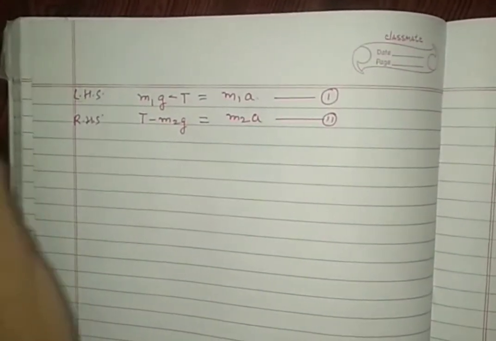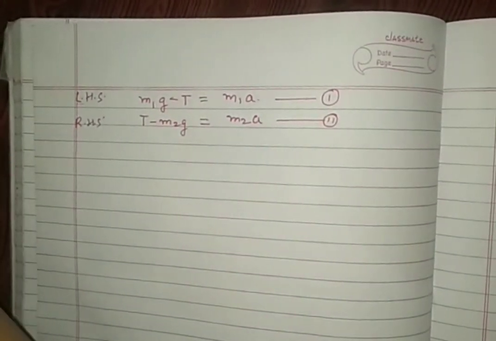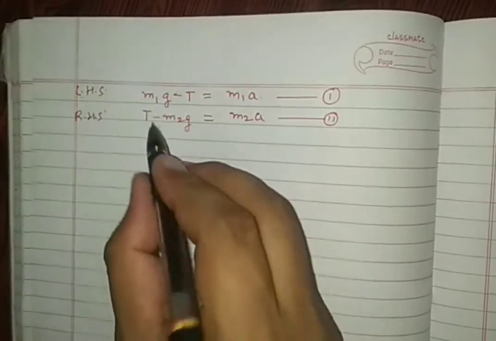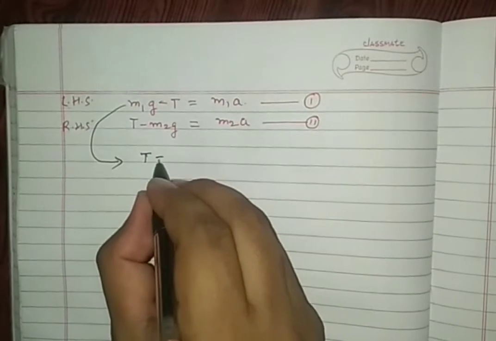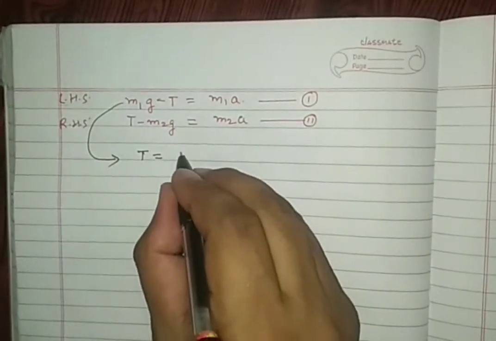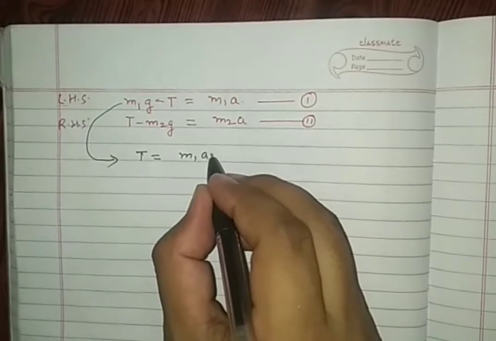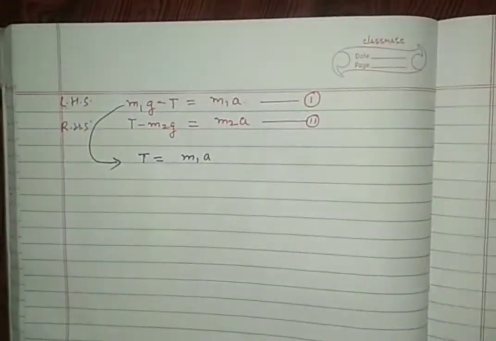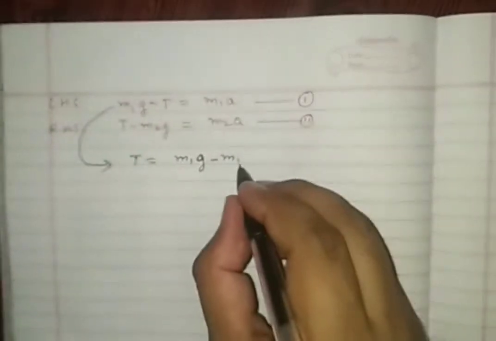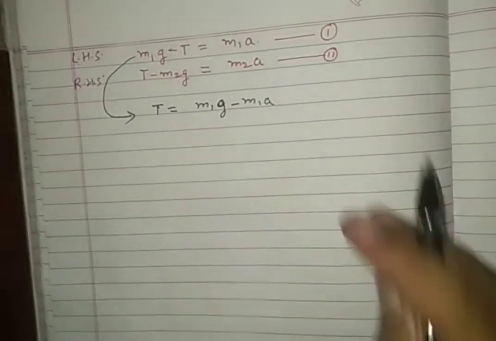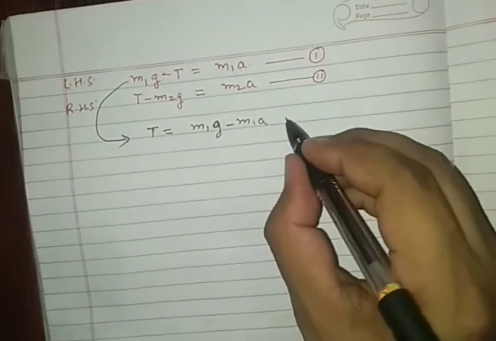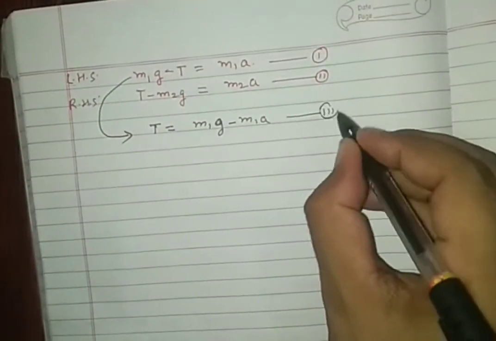Now see what equation we obtain in this case. By equation 1, we can write T equals M1G minus M1A, equation number 3.